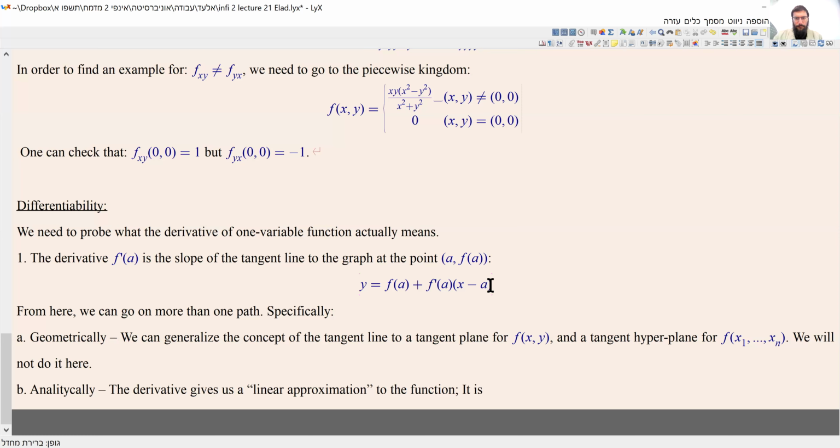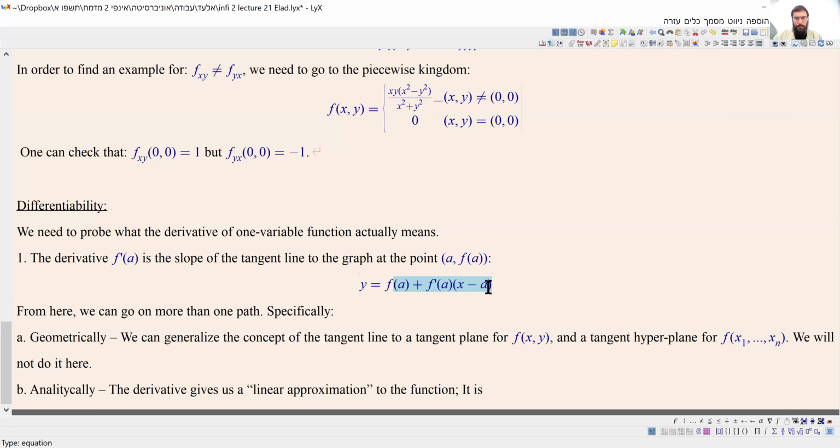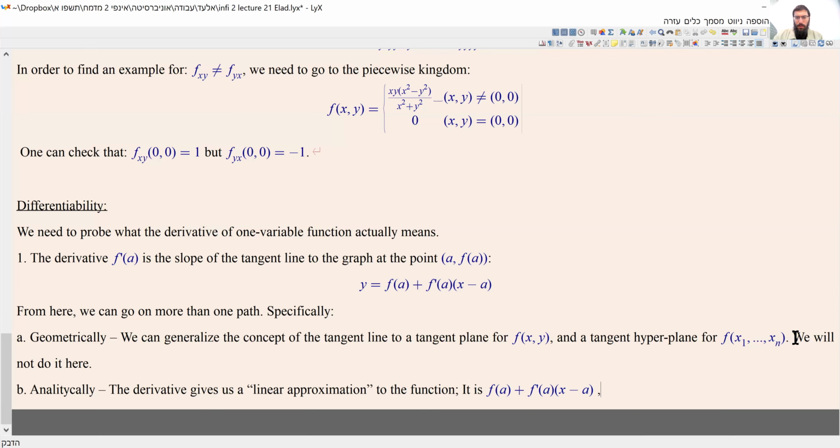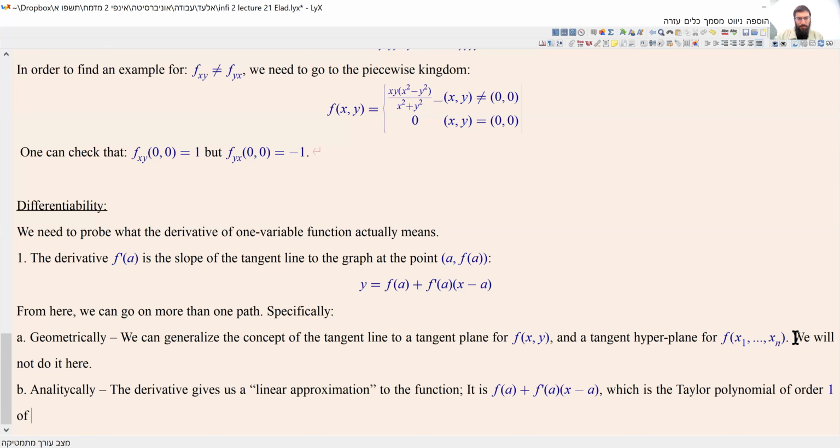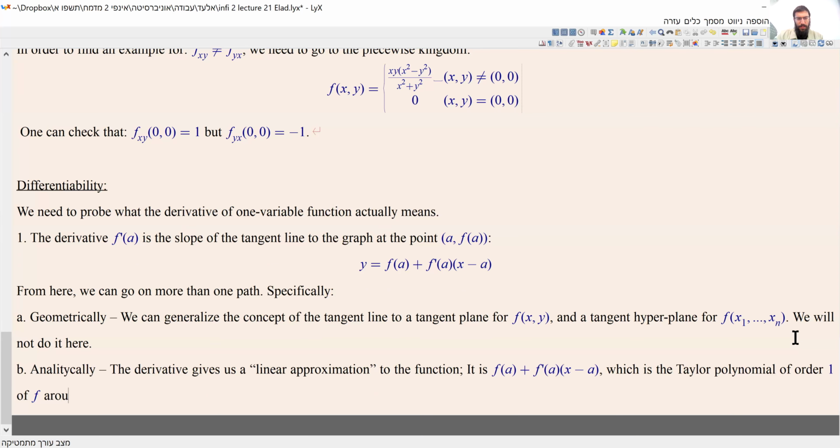It is f(a) plus f'(a) times (x minus a), which is the Taylor polynomial of order 1 of f around a.